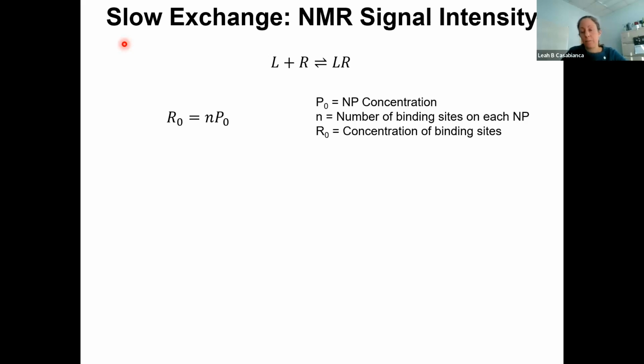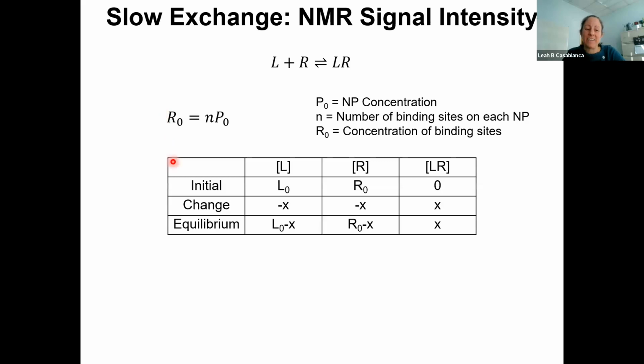So it might just be absorption or adsorption, non-specific interactions, but there is a potential that there may be many thousands of binding sites. So we're going to model this by letting P be the nanoparticle concentration, N be the number of binding sites on each nanoparticle, and then we have R to be the concentration of binding sites.